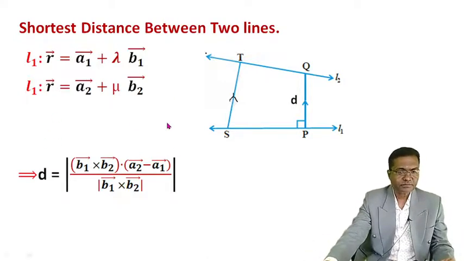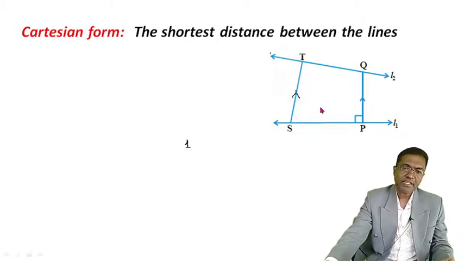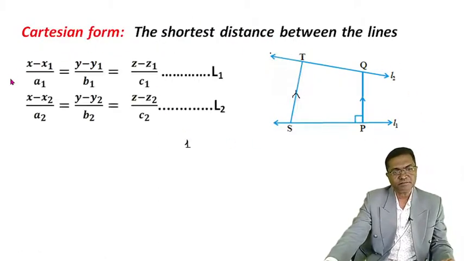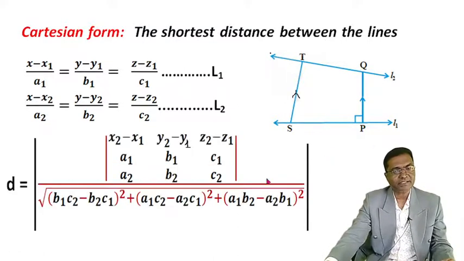Also, if the lines are given in Cartesian form like this, then the shortest distance between these two lines is given by this expression.